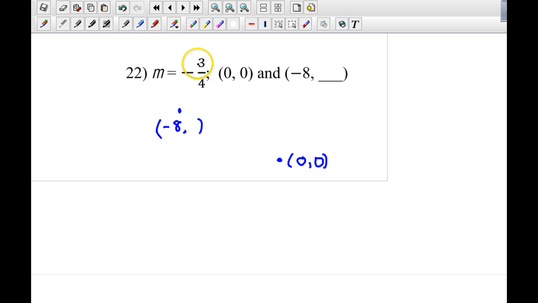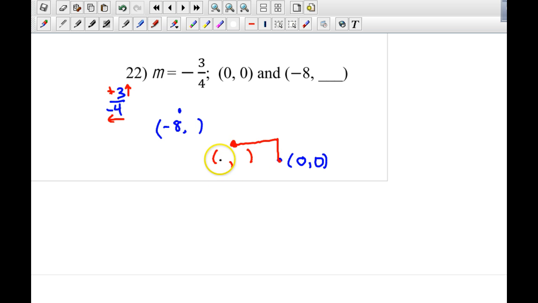Do I want the y to go down or the x to go down? The x. You want the x to go down, so make sure you use a slope of 3 over negative 4. So that'd be up 3, left 4, right? Positive 3 is up, negative 4 is left. So up 3, left 4, that'll take us to where?